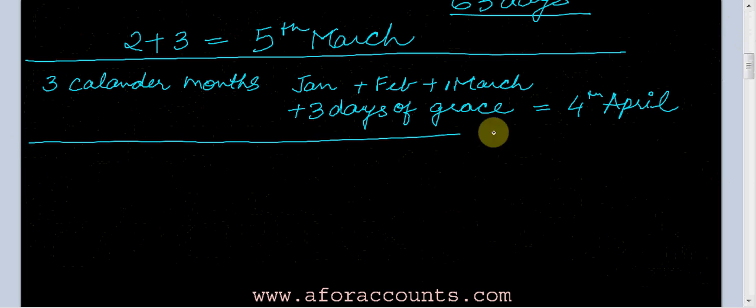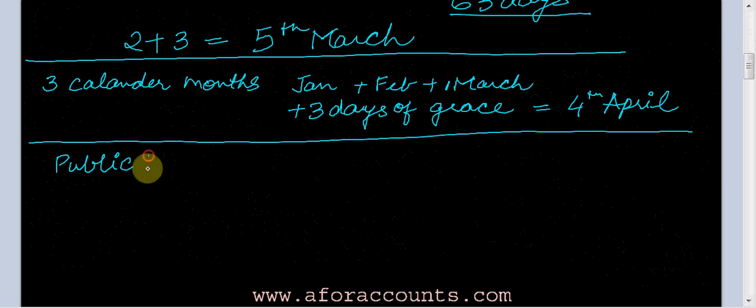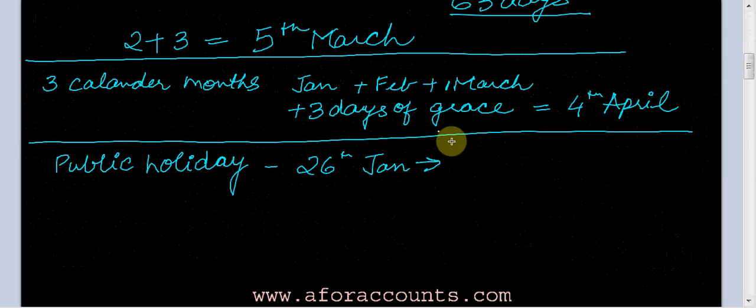Now the third condition: if maturity day falls on a public holiday, say for example 26 January, the rule is to take the preceding day, the day before it.